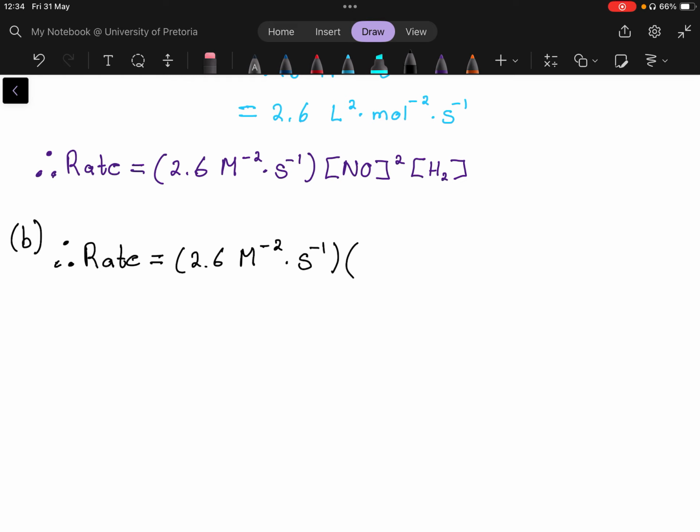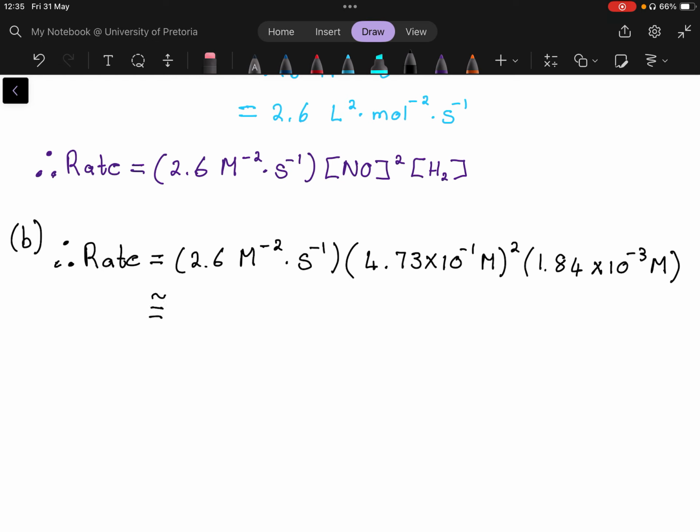Concentration of NO is given as 4.73 multiplied by 10 to the power minus 1 molar squared multiplied by 1.84 times 10 to the negative 3 molar.